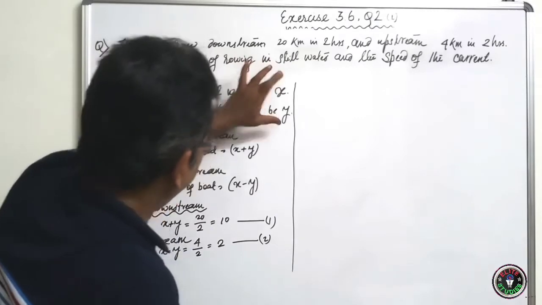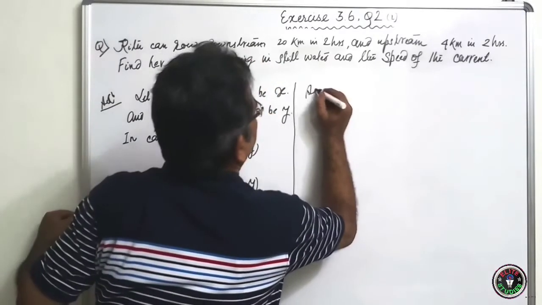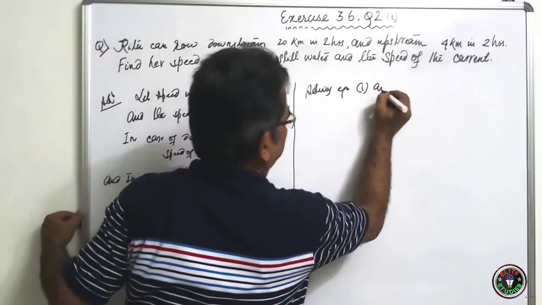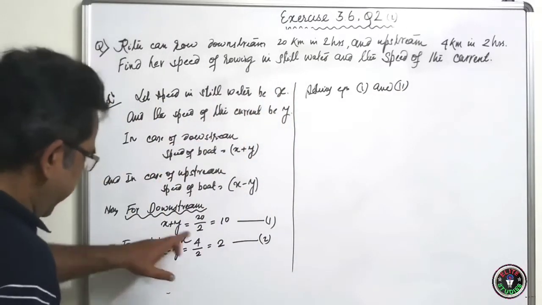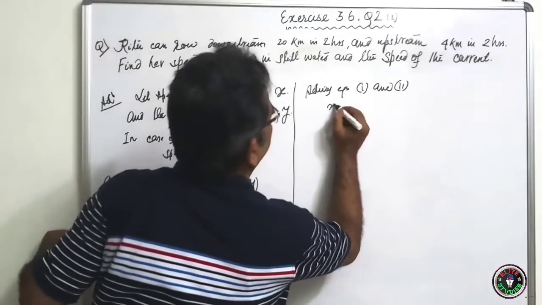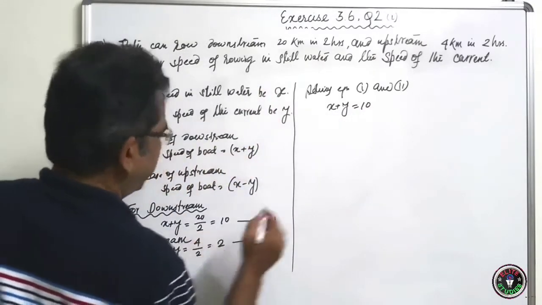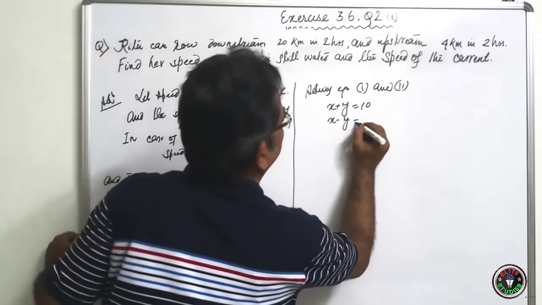So our second step is over: how to represent the variables and equations. Now we will solve equations 1 and 2. What we get? Here it is x plus y is equal to 10, and here x minus y is equal to 2.